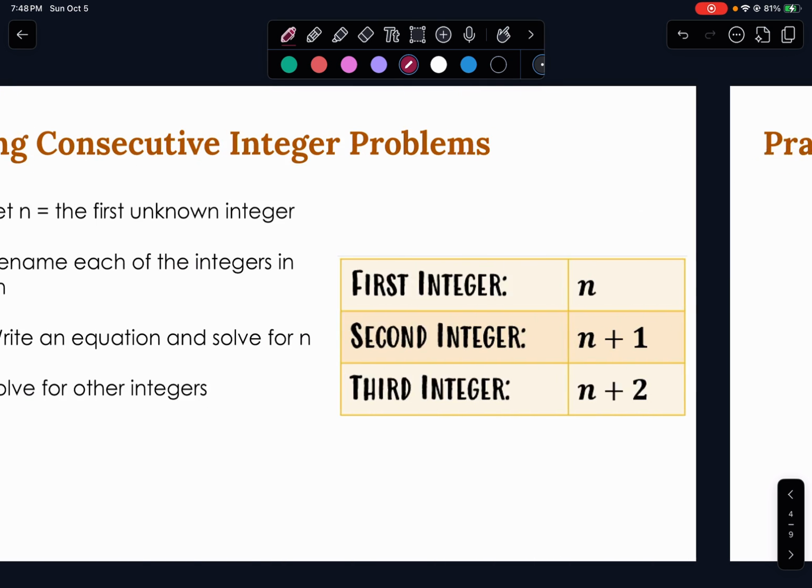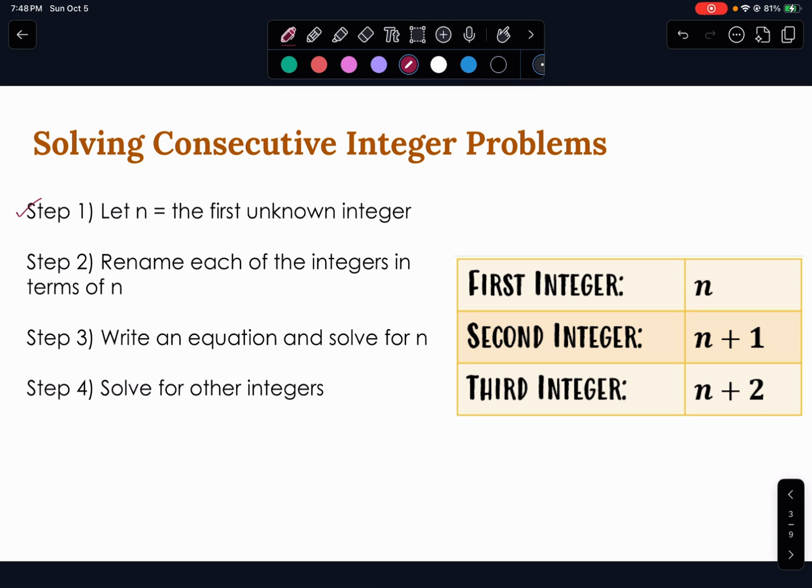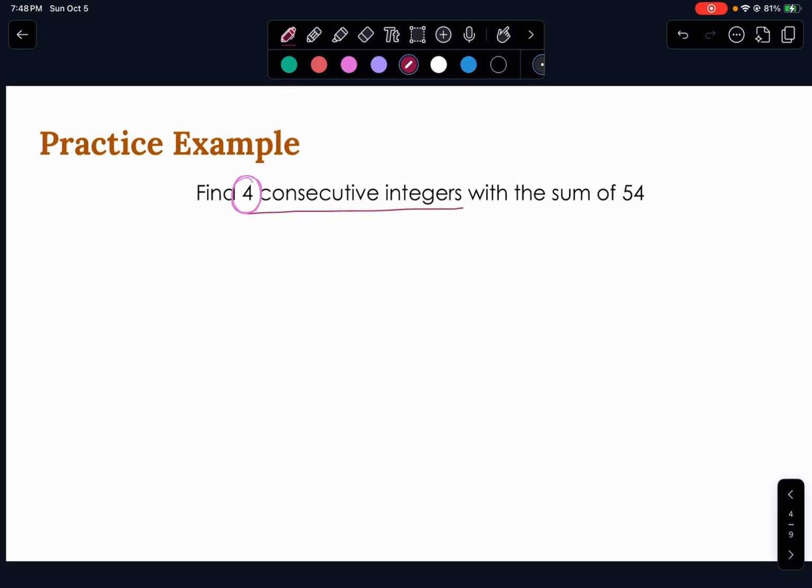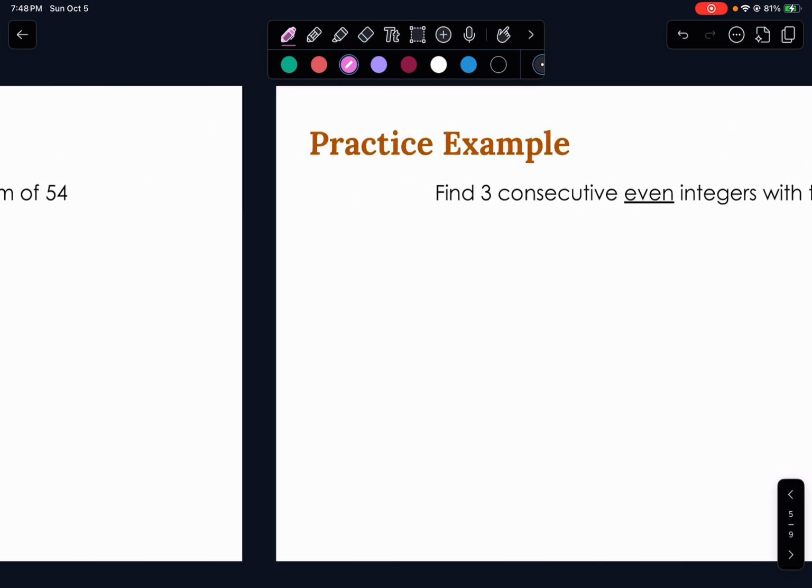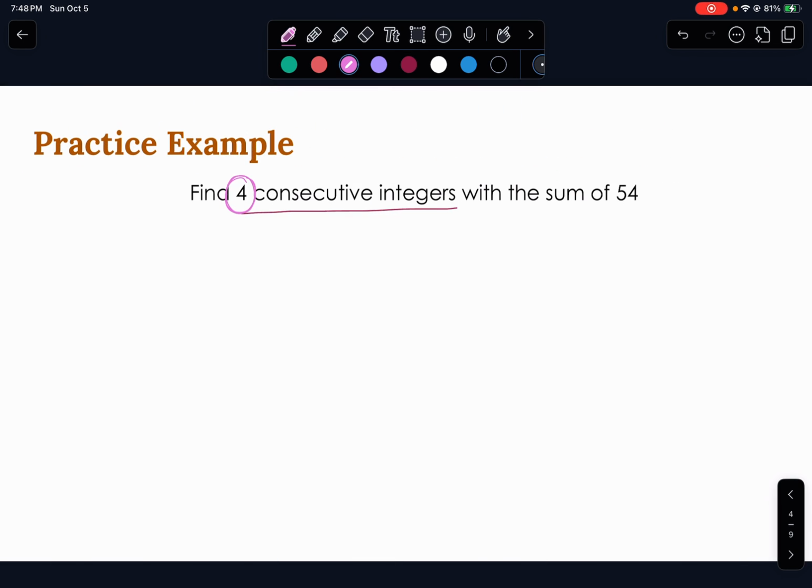Remember, step 1 told us let n equal our first unknown integer. So if I need 4 consecutive integers, I need 4 unknowns right now. And I know my first unknown integer I'm going to name as n, because we're always going to start with our first unknown integer as n.